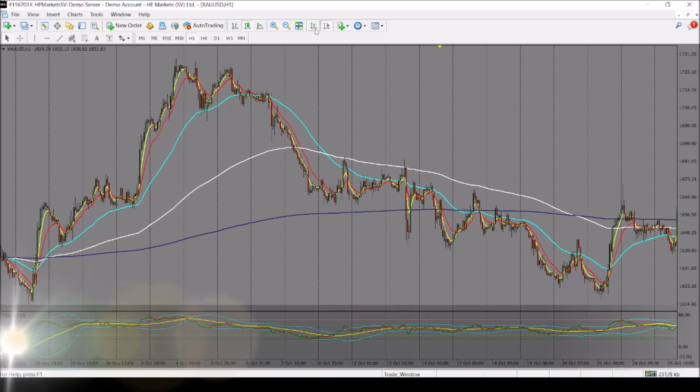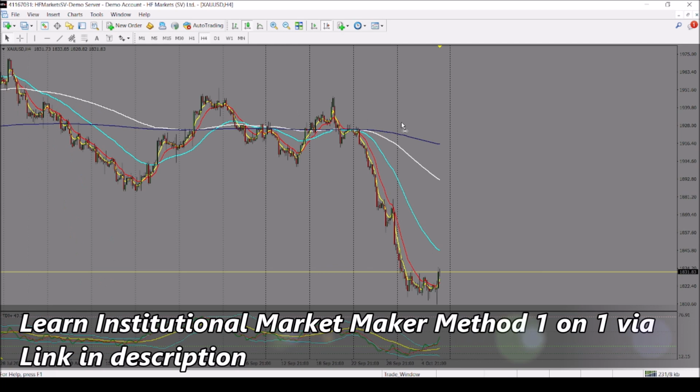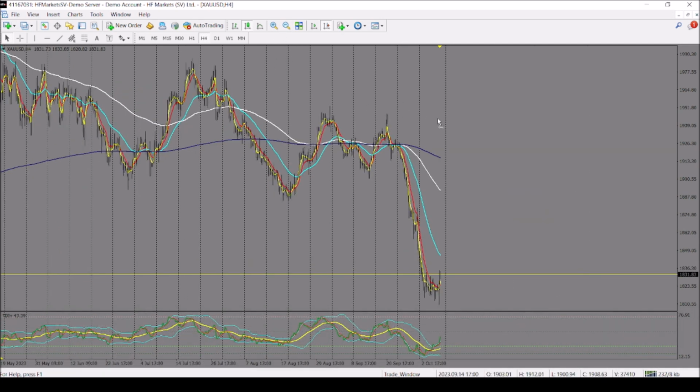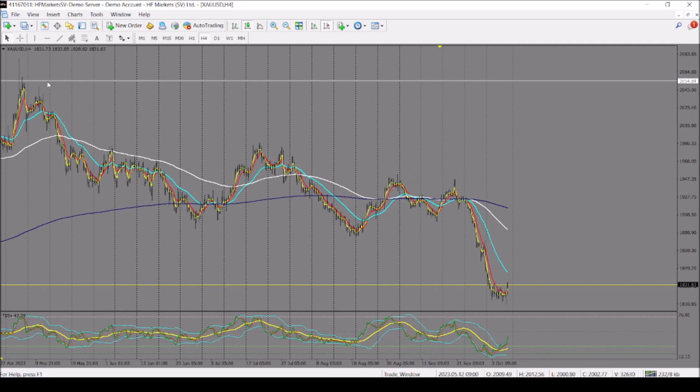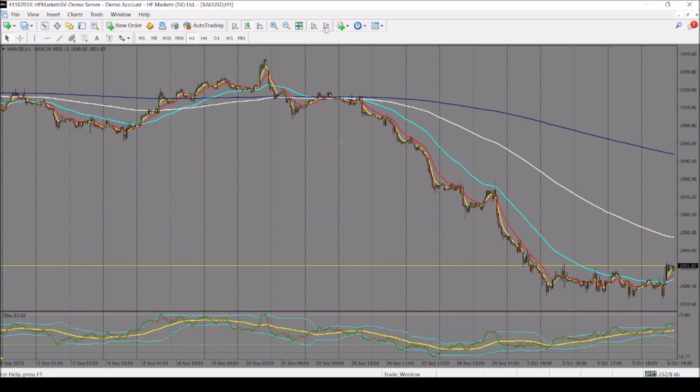If we go on the H1 time frame, this is what we see. Actually, H1 is a little bit on the H4 time frame. This is what we can see. From this particular point, we can see there was a reset, another reset. Therefore, on the H1 time frame, we are expecting the market to have completed the cycle.